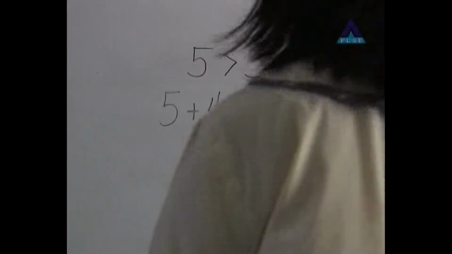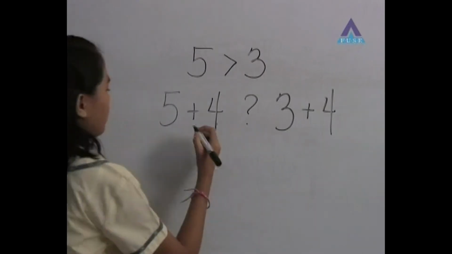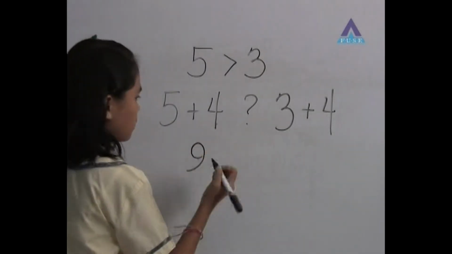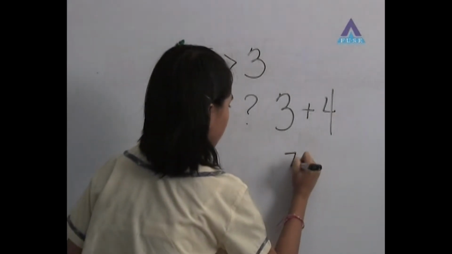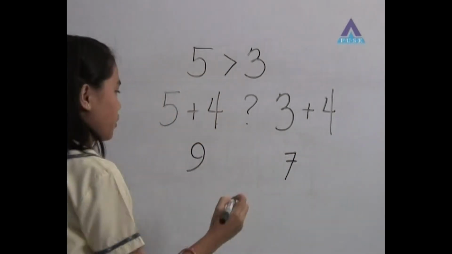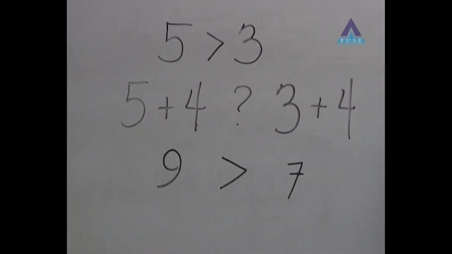Let me do it, ma'am. 5 plus 4 is 9. And 3 plus 4 is 7. 9 is greater than 7. The order remained the same.